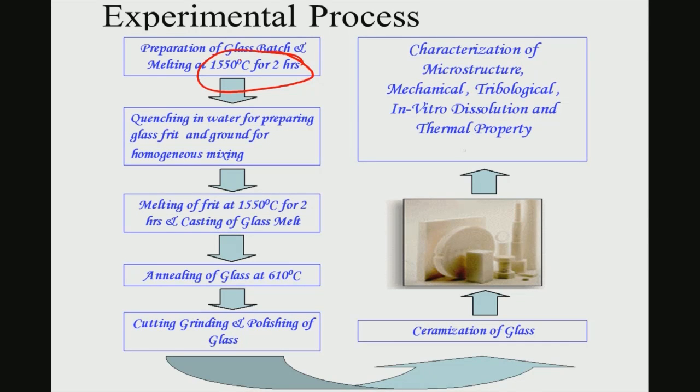Why a platinum crucible? An alumina crucible can sustain 1600 very easily, but then there will be pickup of the alumina from the crucible itself in the glass matrix. So, that actual balance of the different oxides which you have done initially at the design of the glass composition will be disturbed.